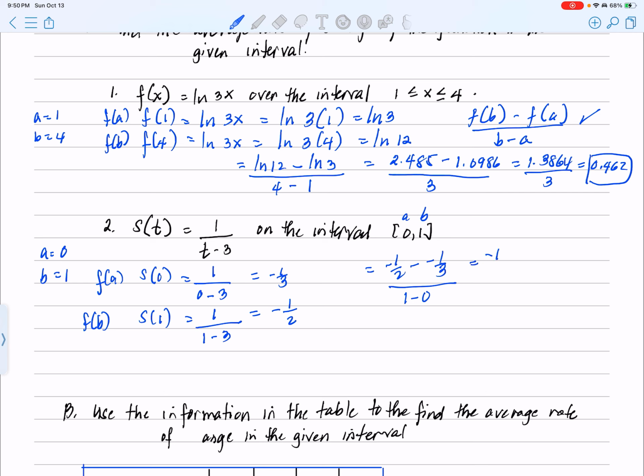So we have negative 1/2 plus 1/3 over 1. Remember, if we have fractions like 1/2 and 1/3 and our denominators are not common, we have to get the least common denominator. 2 times 3, that is 6. So we have negative 3 plus 2, that is equal to negative 1 over 6.